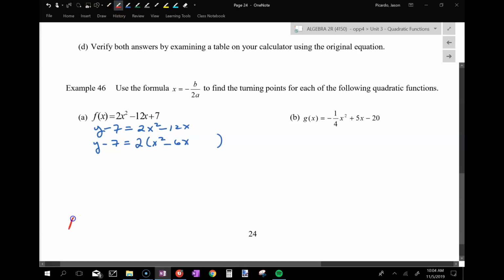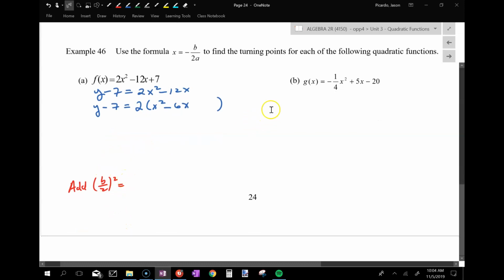Now, I know I'm supposed to add half of the b squared. What is my b term right now? -6. Half of -6 is -3 squared, which is 9. So I'm adding 9.